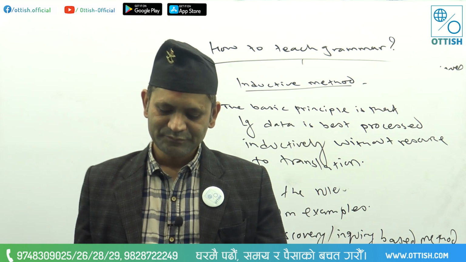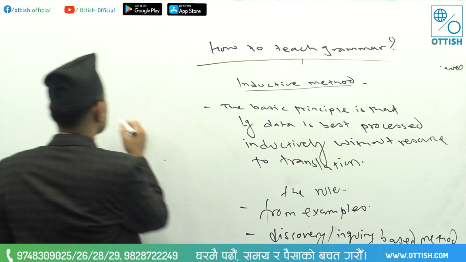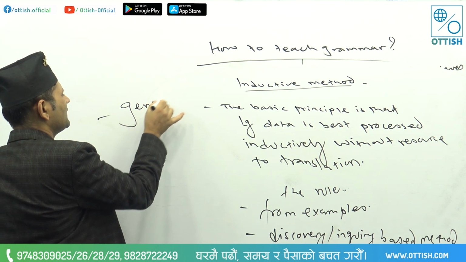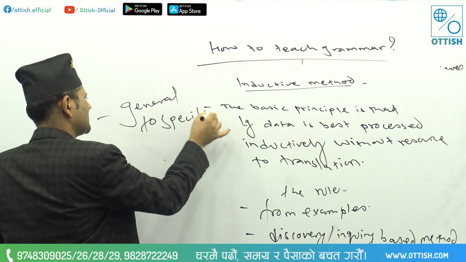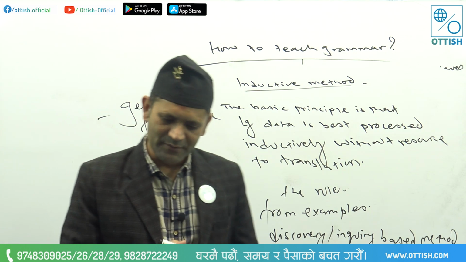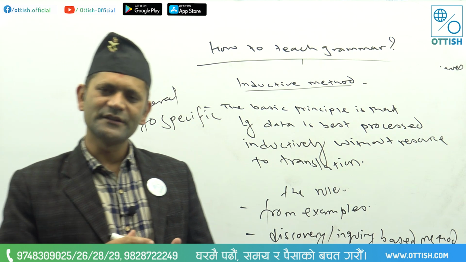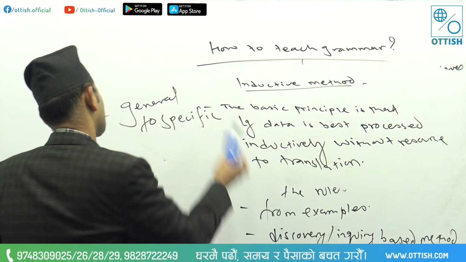They encounter the examples and at the end they will be able to derive or generate the rules from the examples. Alright. So does it follow general to specific? They get the authentic information and they move to... Is it so? No. It is specific to general.